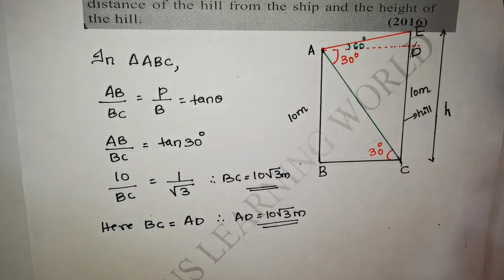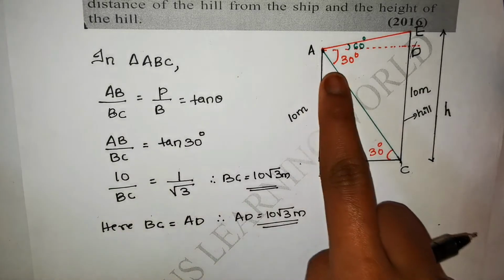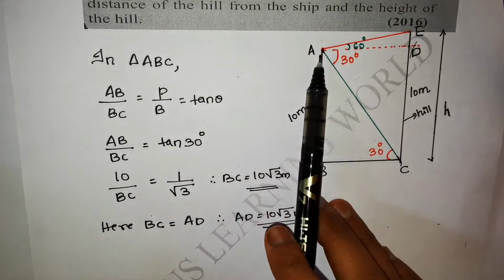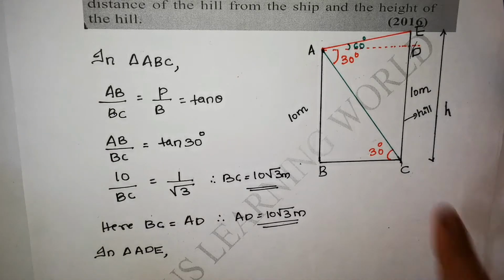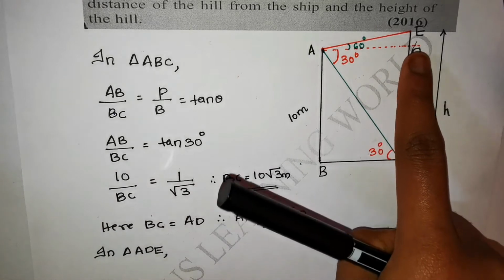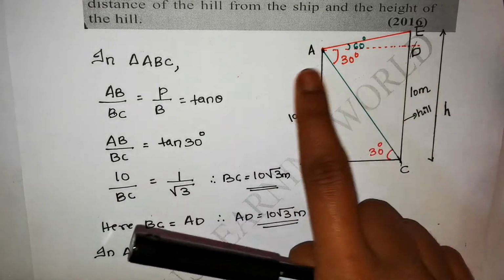So let us take the next triangle, that is triangle ADE. In triangle ADE, let me start from the perpendicular. So ED by AD.